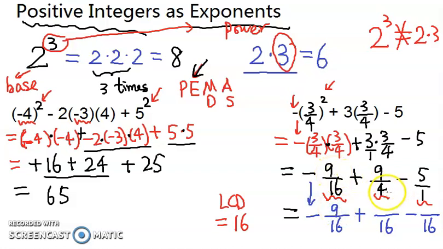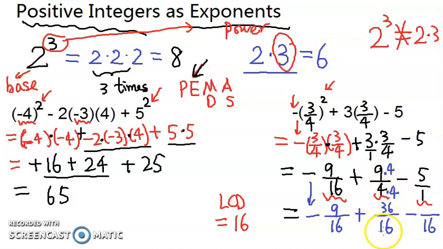The second one, originally we are given a 4. We have 4 as a denominator, but now we want to change this 4 to 16. In order to do that, we use the property we learned in the previous video: multiply both top and bottom by 4. Notice that after you cancel the 4 and the 4, you still go back to 9/4, and we know 9/4 is equivalent to 36 over 16.